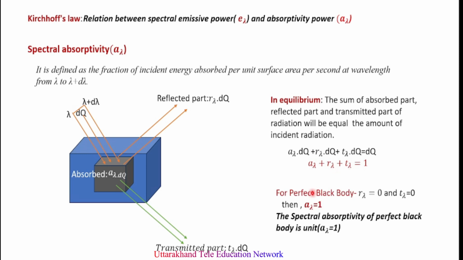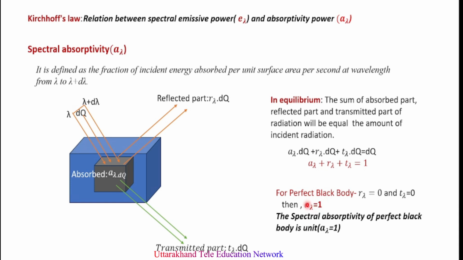Now the special case of the perfect black body. A perfect black body has a special nature. It always absorbs radiation of all wavelengths, and no radiation is reflected or transmitted. That means R lambda will be 0, no reflection by a perfect black body, T lambda is also 0, and A lambda will be 1.